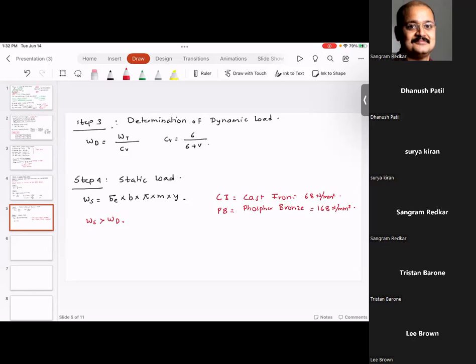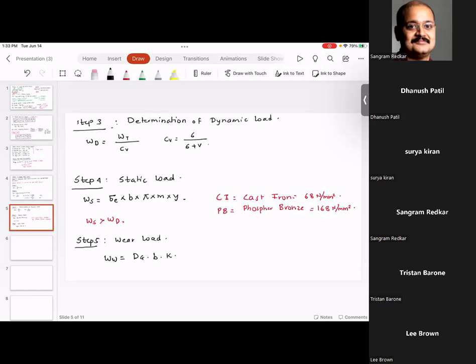And the last part is determination of wear load, which is WW. This is very simple: DG, the diameter of the gear, multiplied by the face width, multiplied by this factor K. This factor K can be found from the textbook. It's actually super simple.